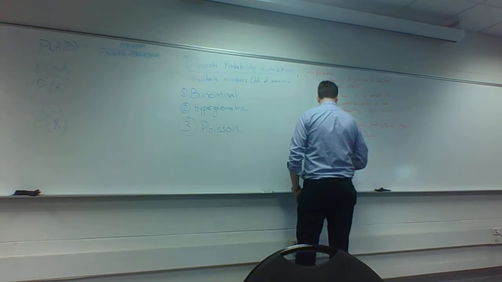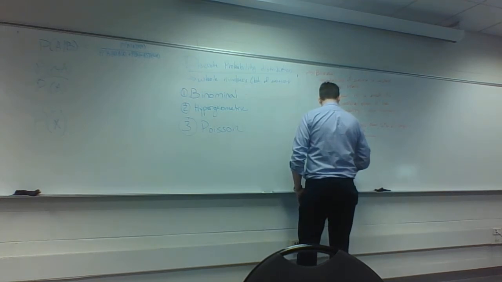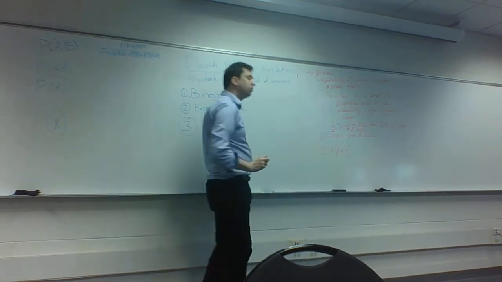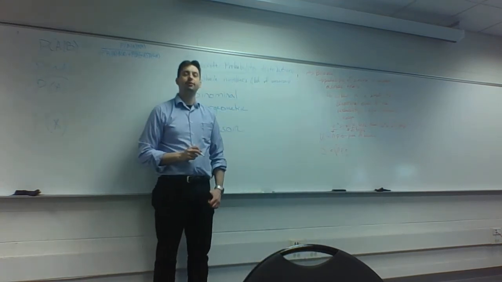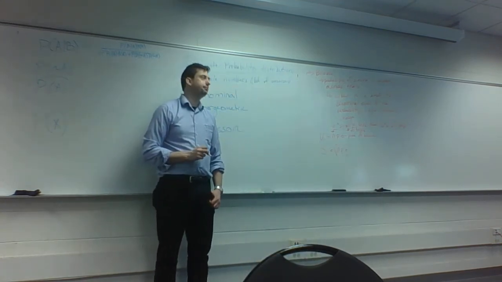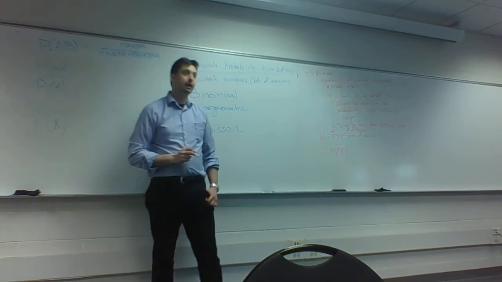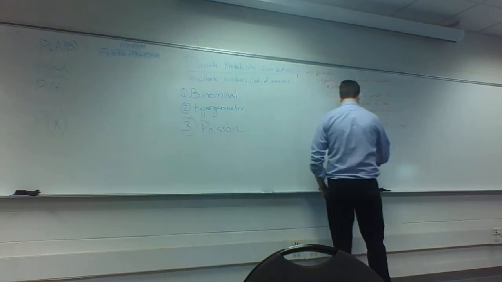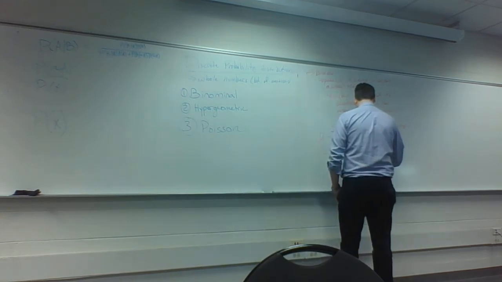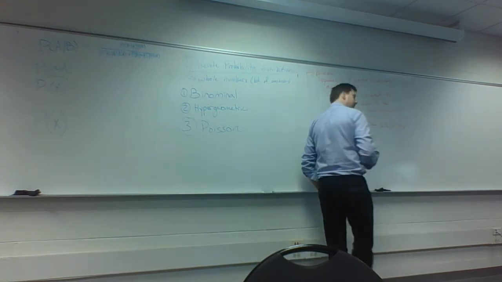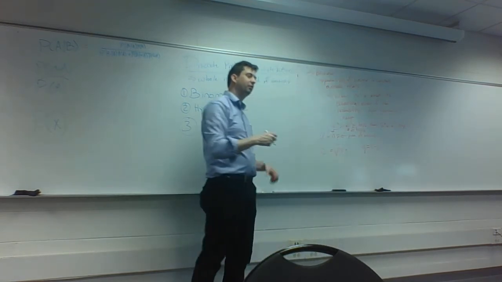Sigma is the square root of n times p times q. So I want you to take a guess as to what q is. I'll give you a hint. Is it the probability of... yeah, that's where you're going. So what's q?